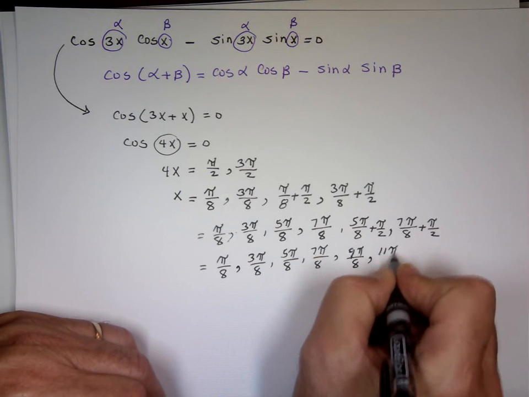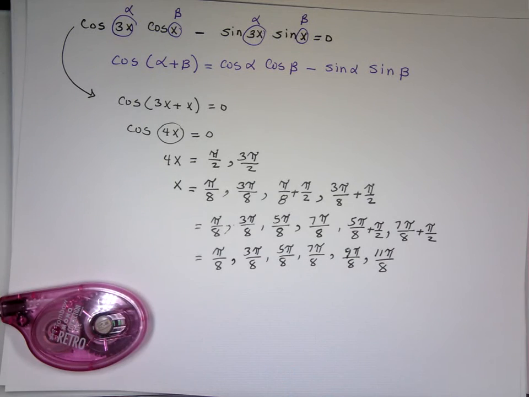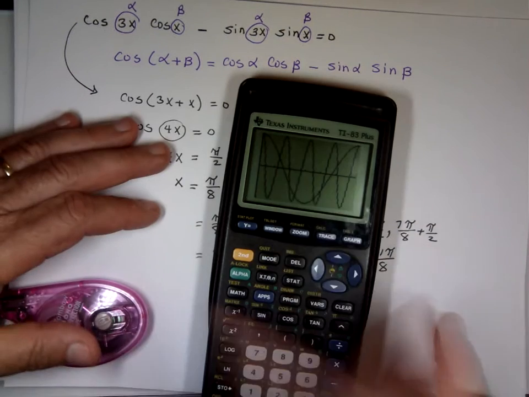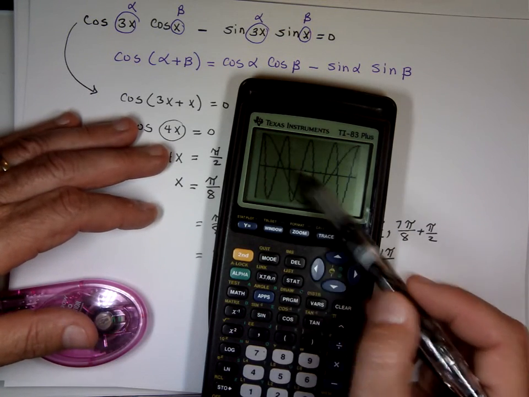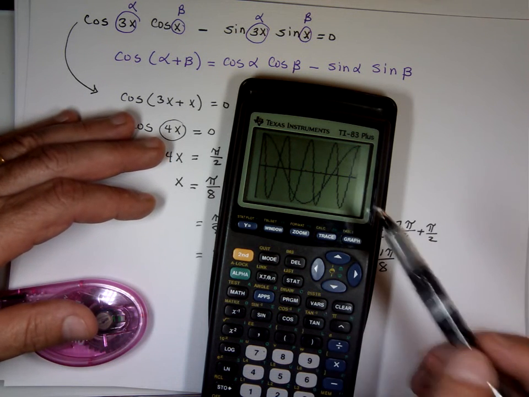So we found the first 6 now. Going back to that picture. So we have this. Now I need to find this and this, the last 2. We add pi over 2 to each of the last 2.